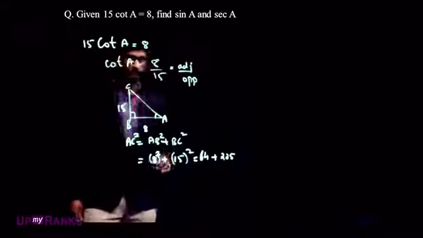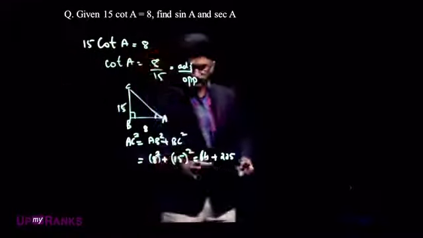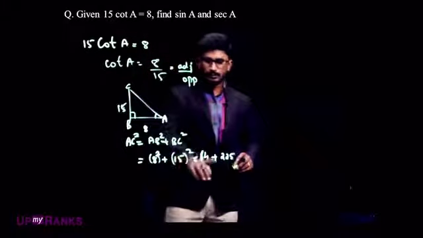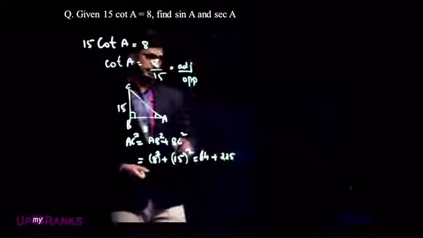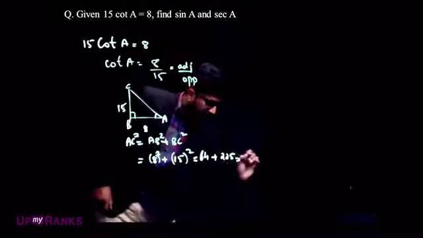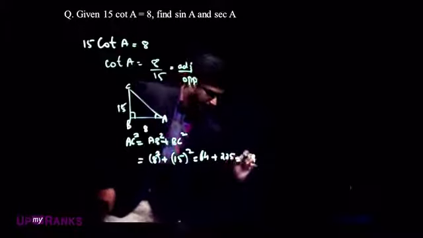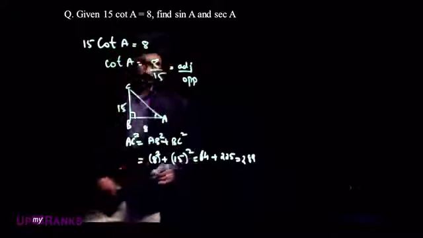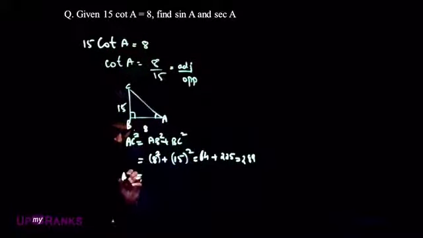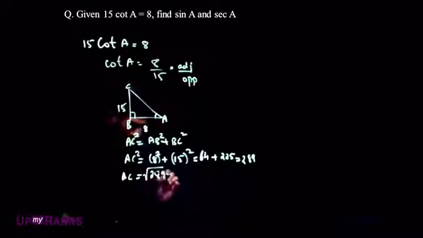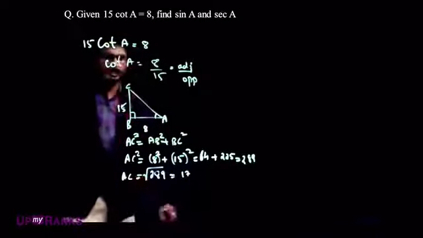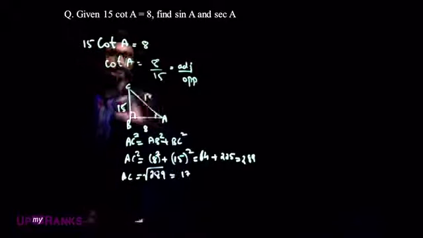When I add this, what will I get? 64 plus 225 gives 289, which is AC square. Therefore AC is the square root of 289. The square root of 289 is nothing but 17, so I get 17.